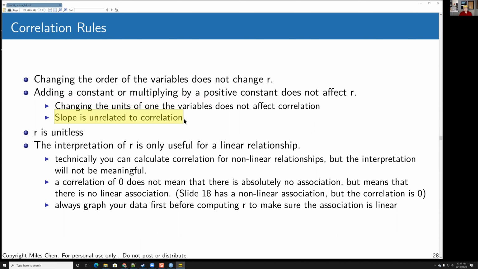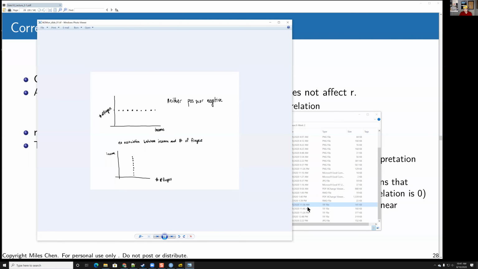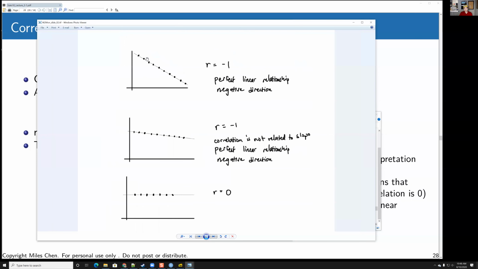Another side effect of that is that slope is unrelated to correlation. So you can have two plots. In this case, we have a straight line, and the correlation is -1 because all the dots line up perfectly on a straight line.